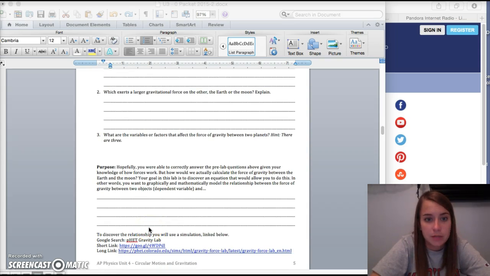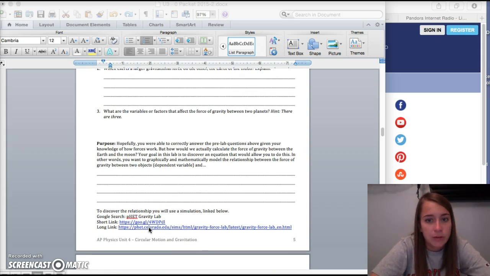All right, so the purpose of this lab is we want to figure out how we would calculate the force of gravity. If we've discovered two planets far, far away and we knew their masses and their distance apart, how do we calculate the force of gravity between them? Or if we want to figure out the force of gravity between the Earth and the Moon, how would we calculate that? Your goal in this lab is to discover an equation that would allow you to do this.